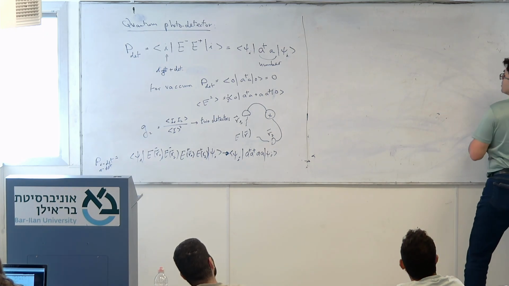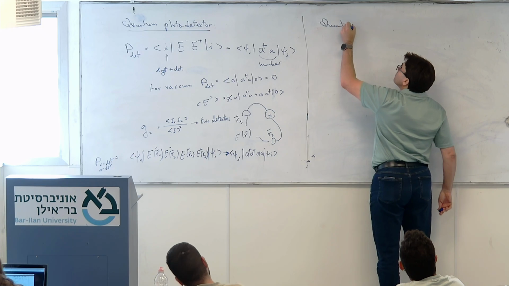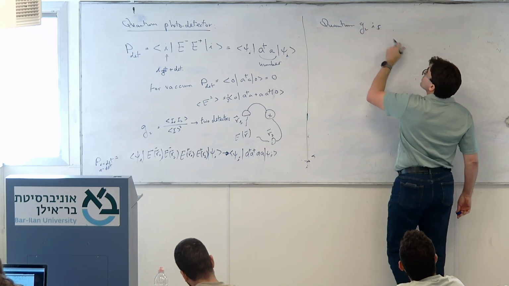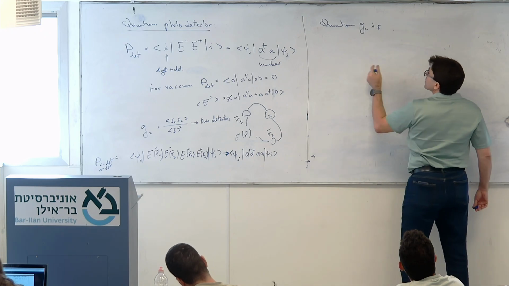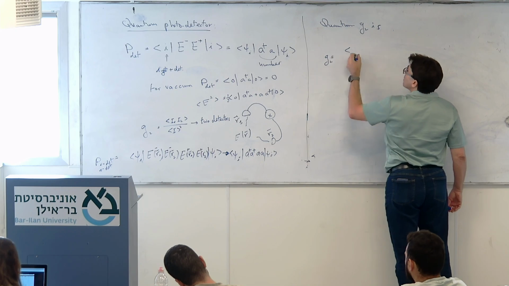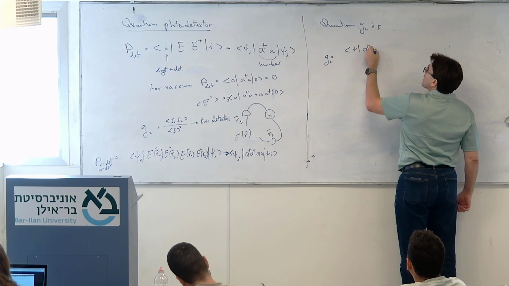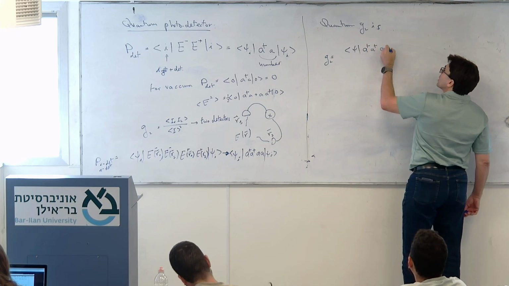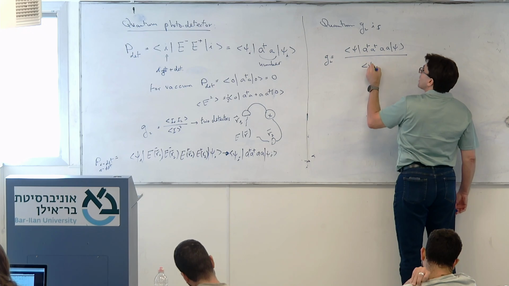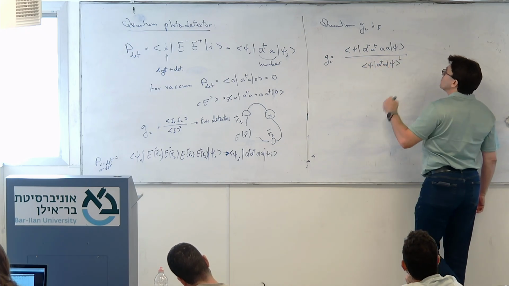So that means that the quantum G2 is this. Tell me what it is. G2 is what? Whatever the state was, here I have A dagger, A operating on psi, divided by psi A dagger A psi squared.